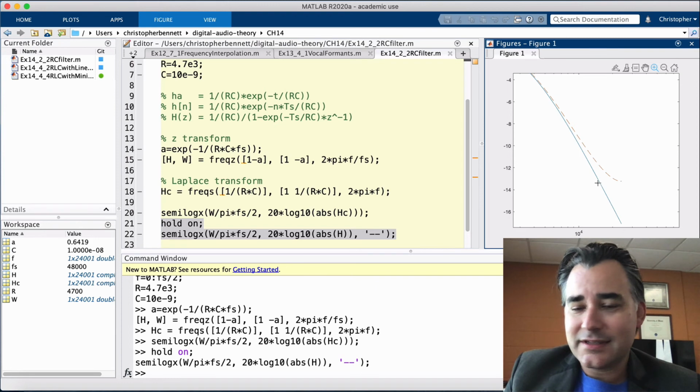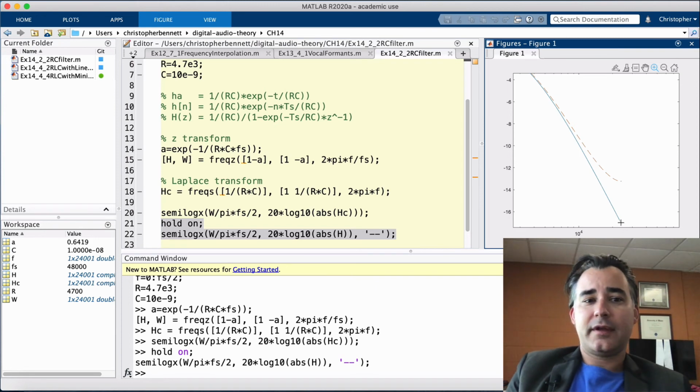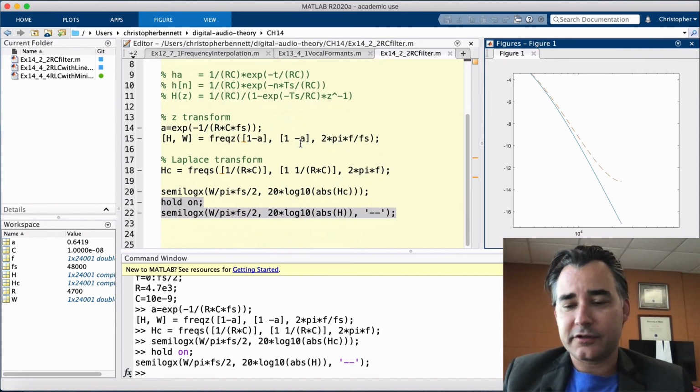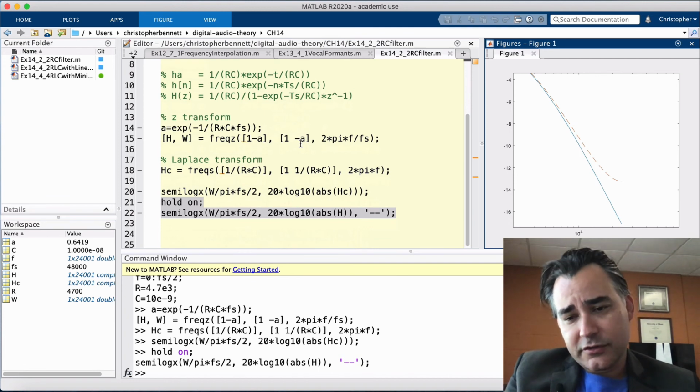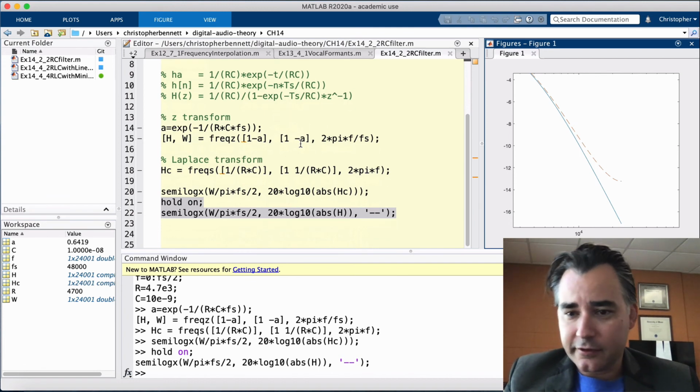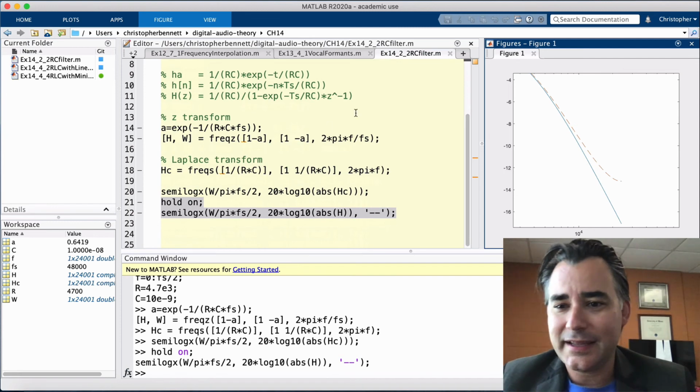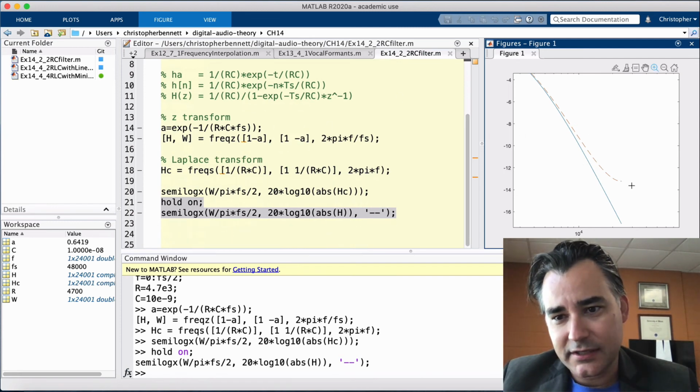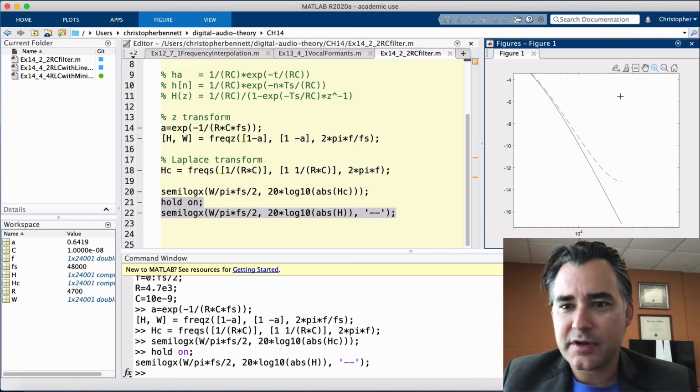That's because the analog prototype doesn't stop at 24 kilohertz. It continues on. So the energy and the frequencies beyond 24 kilohertz are actually getting folded back in, which is why we see this deviation, especially towards the high frequencies.